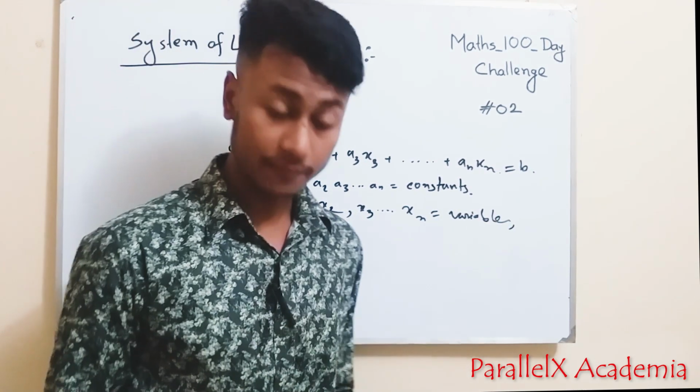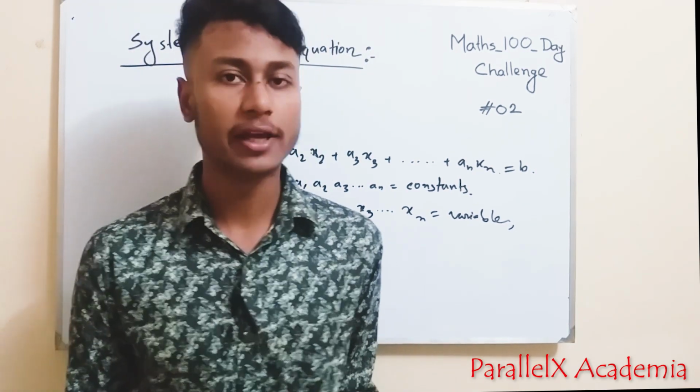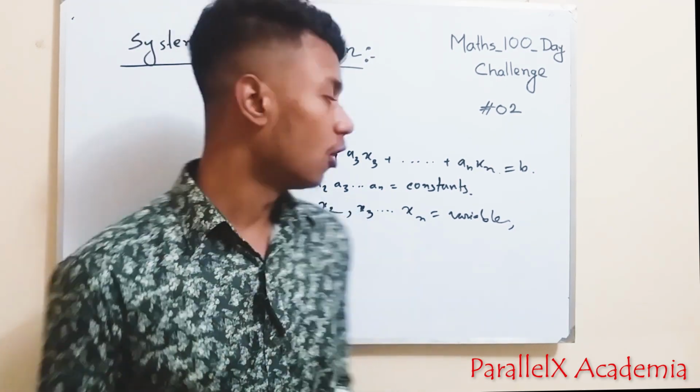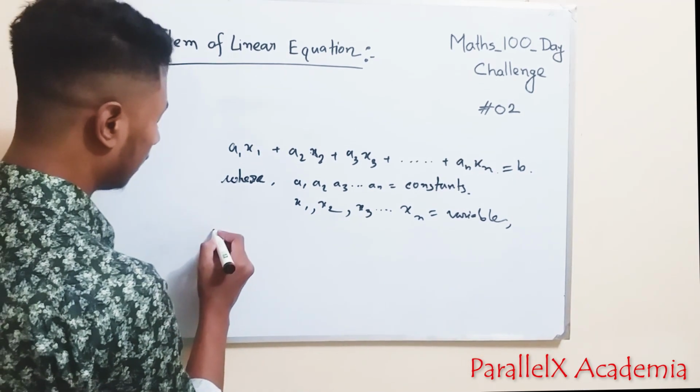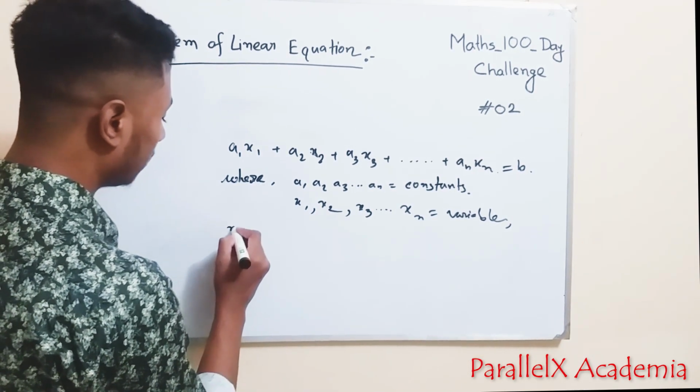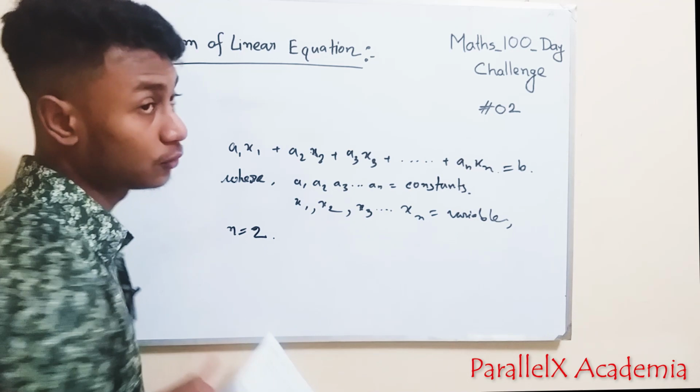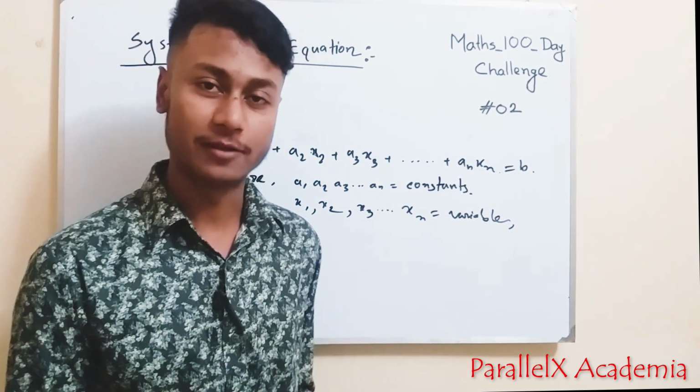Now suppose we have an equation whose number of variables n equals 2. What will that kind of equation be?